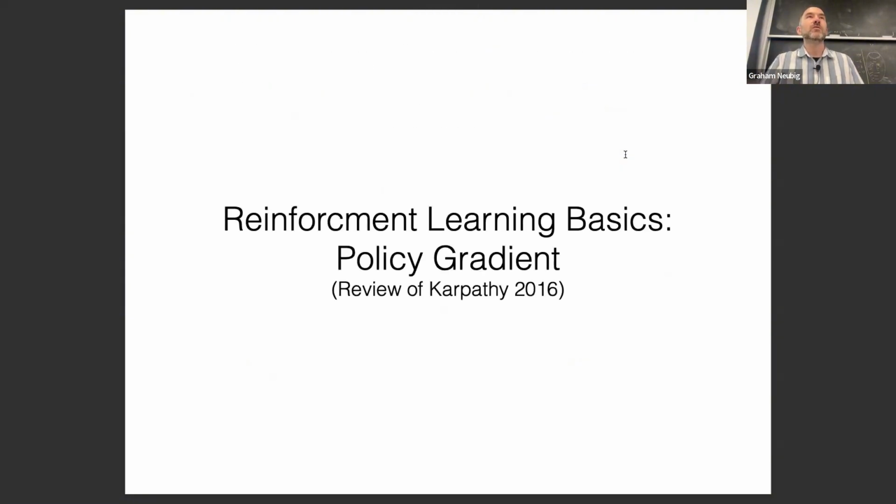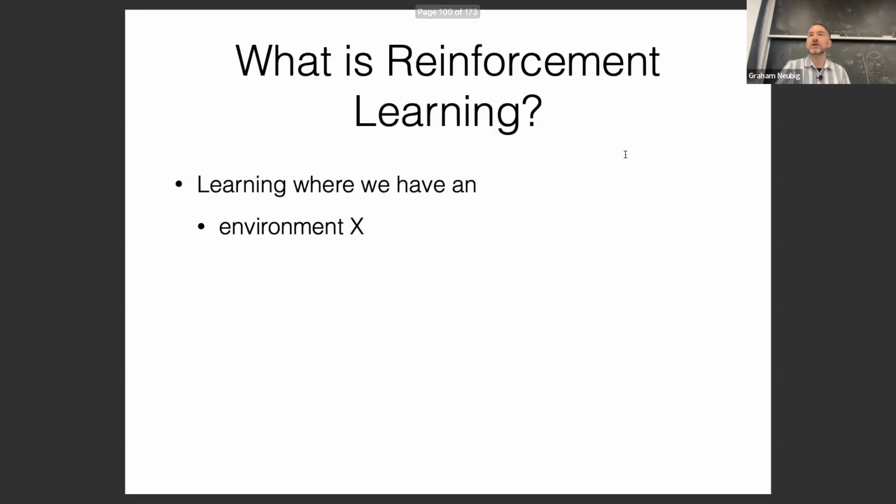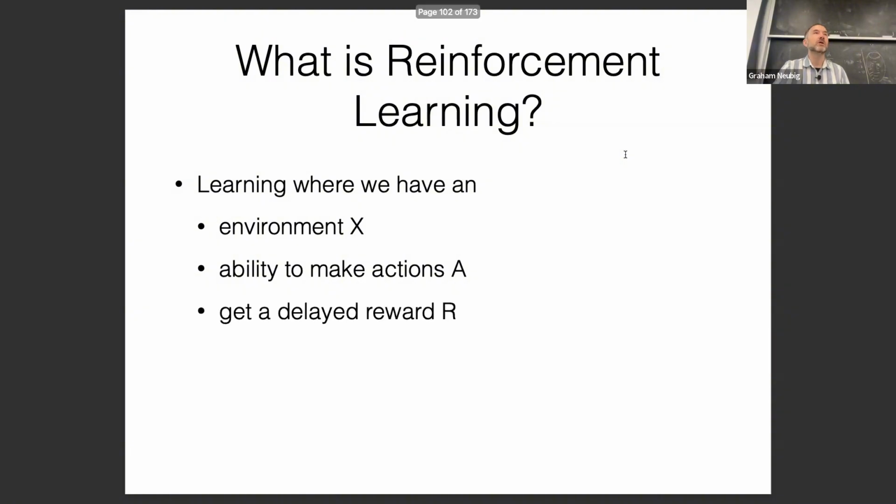So, reinforcement learning basics. The first reinforcement learning method I want to talk about is something called policy gradient. But before I do that, let's talk about reinforcement learning. Reinforcement learning is a learning setting where we have an environment. We have the ability to take actions in the environment, and we get a delayed reward.